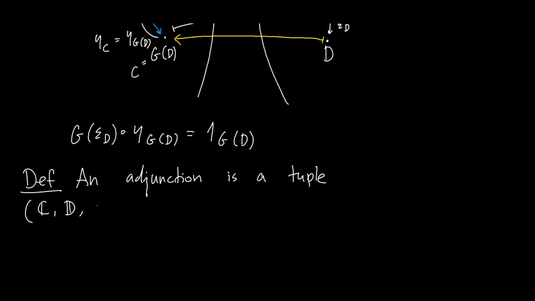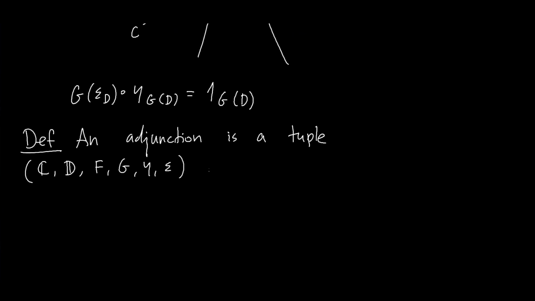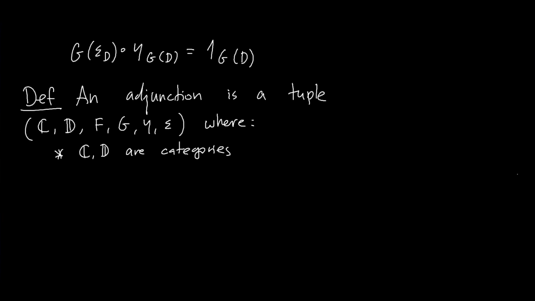Consisting of two categories C and D, two functors F and G, and two natural transformations eta and epsilon, where C and D are categories, F is a functor from C to D, and G is a functor from D to C.